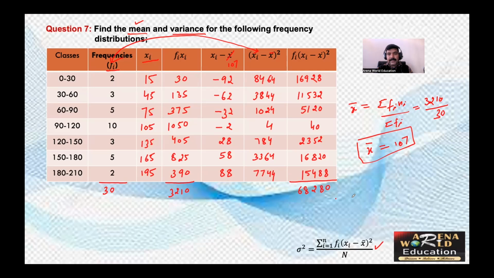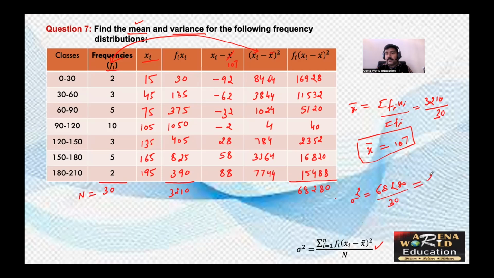Now let us apply the formula. What is variance? This will be equal to 68,280 divided by n. N is what? N is summation fi, so n will be equal to 30. So what is the final answer?